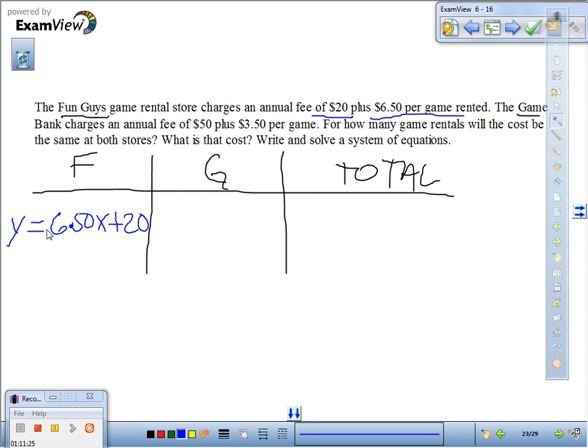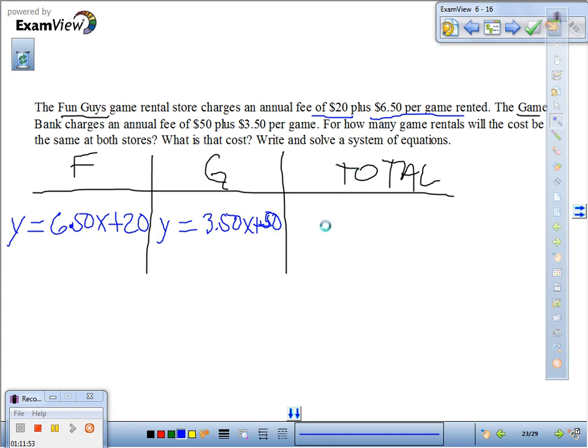Write me the equation for the second store, please. All right? The second equation should have been y equals 3.50x plus 50. Hands if you got that.